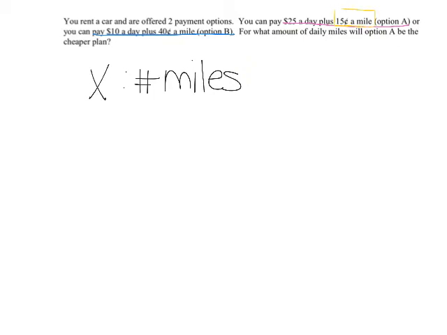This right here is our coefficient, and 40 cents a mile is our coefficient. And then our constant is going to be the $25 a day and the $10 a day. This one's kind of tricky.